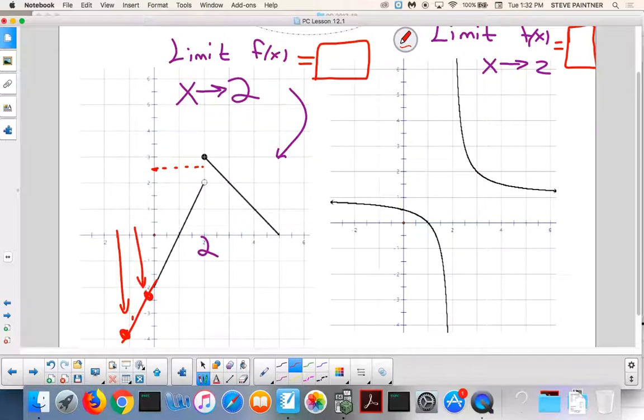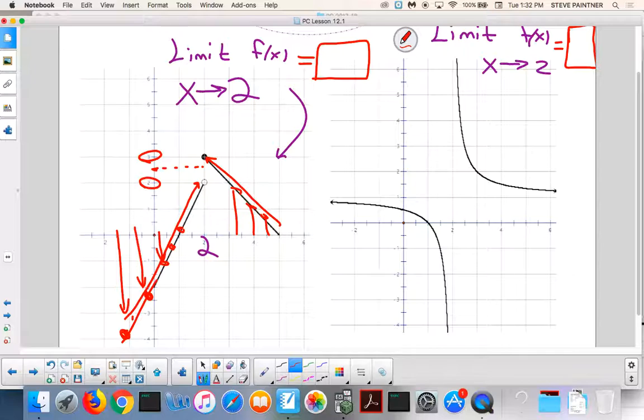This one, here, here, here. We're moving which way? Towards what number? Yeah, we're moving towards 2 from the left. But from the right, we're moving towards what? We're moving towards 3.